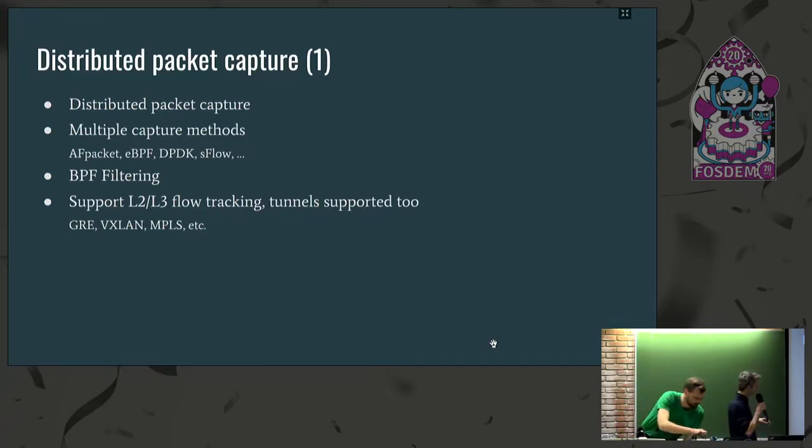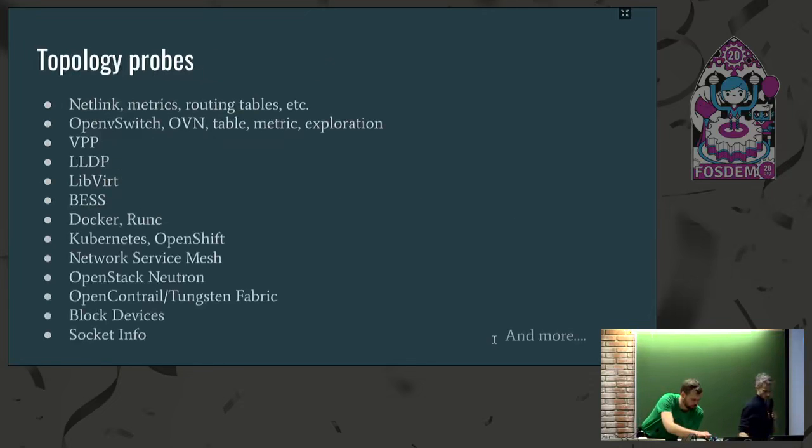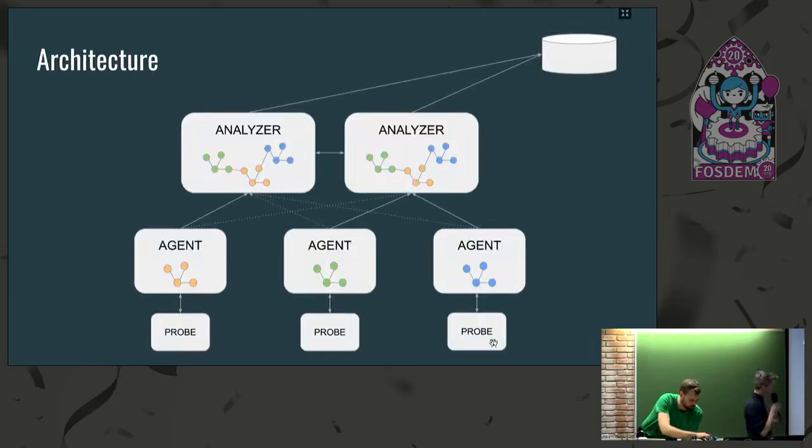In fact, that's possible, but that's not the main goal of Skydive. What we do, we take the packet and we generate a flow table. I can show you maybe here. So here you have the probe at the bottom, but that's topology probe or flow probe.